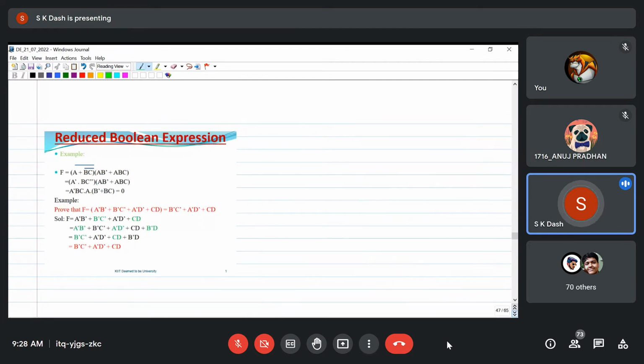Now, this function is given. We need to minimize this. F is given as A plus BC complement, its whole complement, dot AB bar plus ABC. Okay. Now, if I want to simplify this, first of all, here I need to apply De Morgan's theorem.